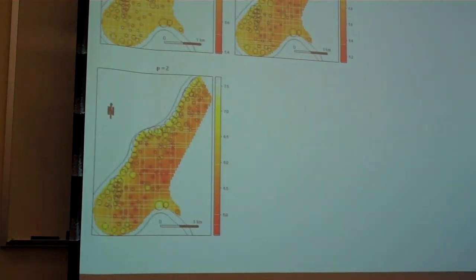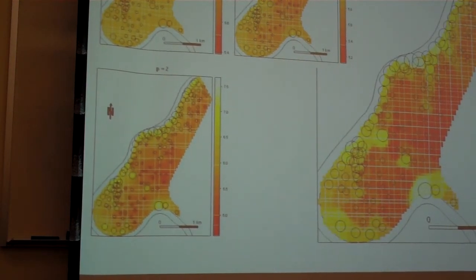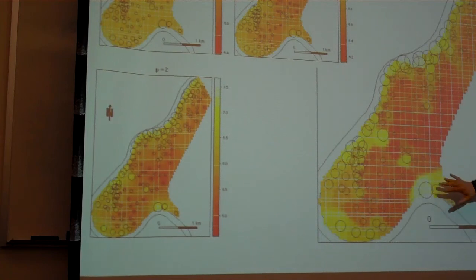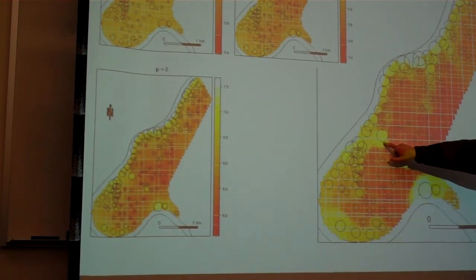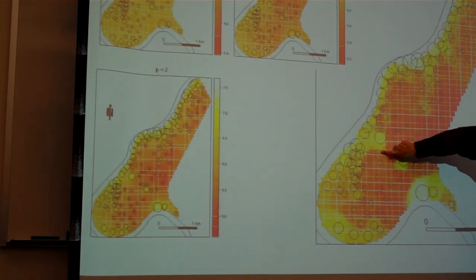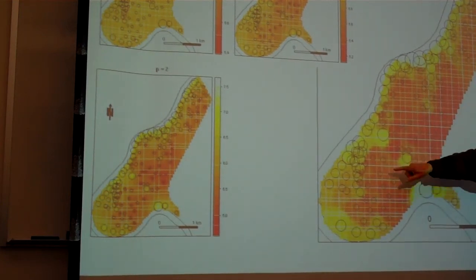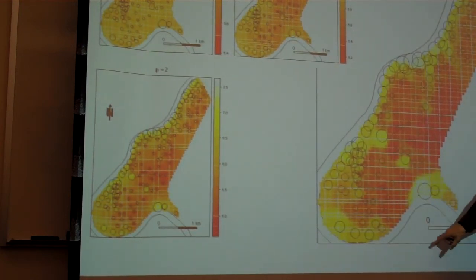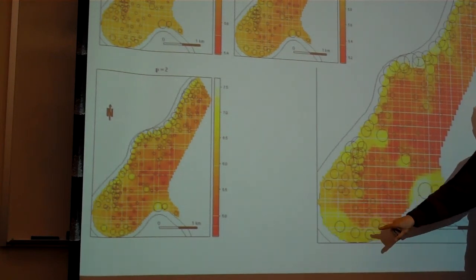And if we went to a really high value of p, so here's p equals 10, you can see it's very blocky, and to the first approximation, it's taking the value of the closest point. There's a bit of a curve. It's not a perfect step function, but it's pretty strongly whichever the closest point is, that's the value it's taking.